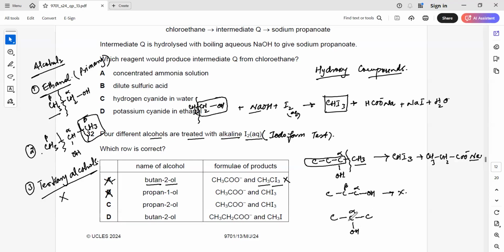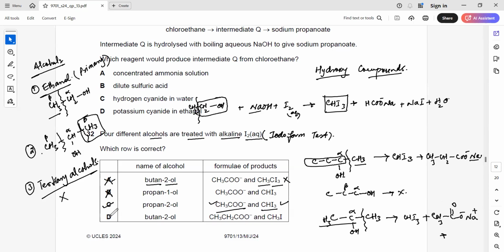This is our alpha carbon bonded to two methyl groups, so any one of them can give us iodoform. Yes, it will give us CHI3, and the rest will be the acid of two carbon atoms, CH3, C double bond O and O negative, in the form of a salt. Let's see the options. It is giving us CHI3, yes, and ethanoate. So option C is correct.